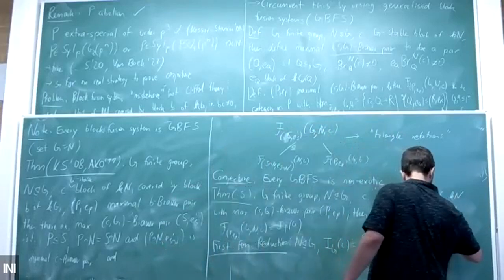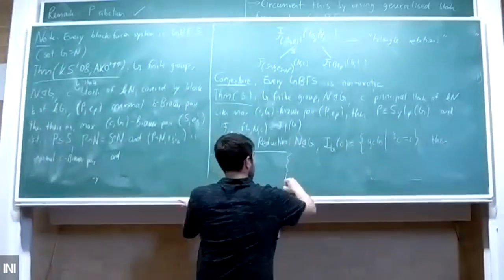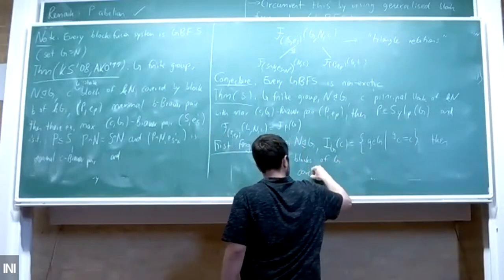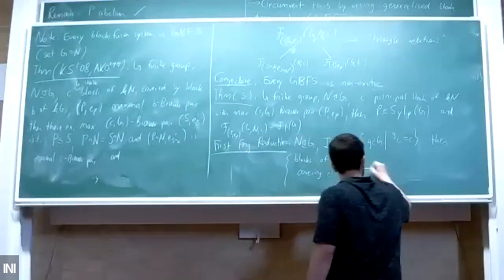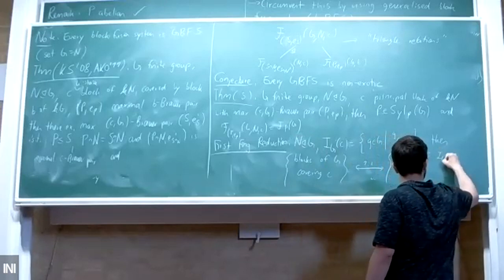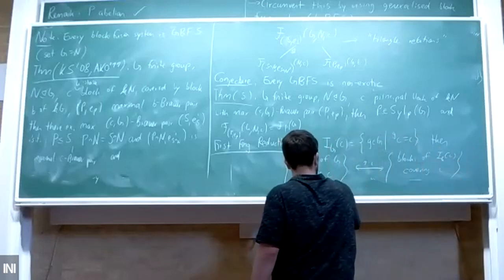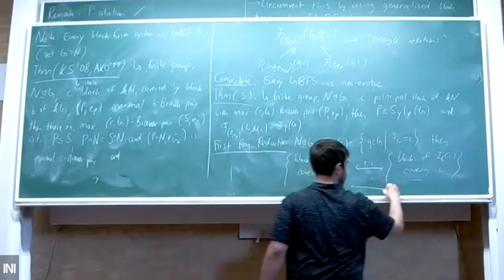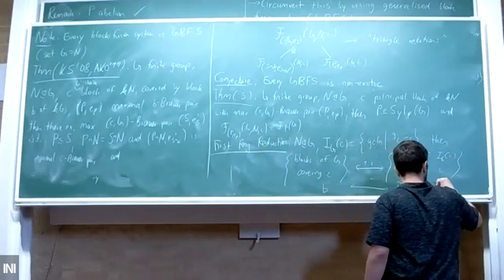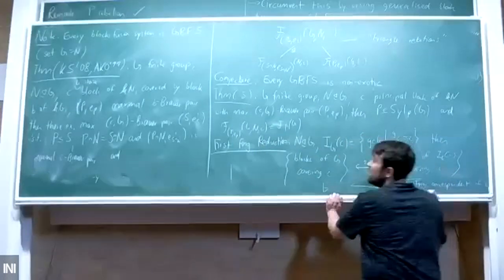And then we actually have that there is a one-to-one correspondence between the blocks of G covering C and the blocks of I_G(C) covering C. And so normally, if this block would be called B, we would call this block B tilde, and we would call B tilde the Fong correspondent of B in I_G(C).